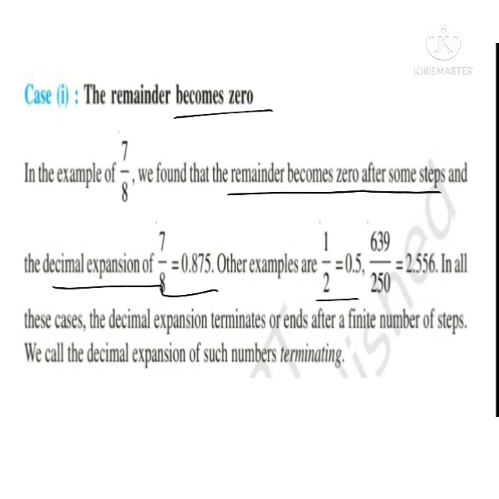If we divide 639 by 250, it's 2.556 and so on. In all these cases, we can see that the last remainder becomes 0. So such expansions are called terminating. It means that after some time, the remainder becomes 0. So such numbers are terminating numbers.